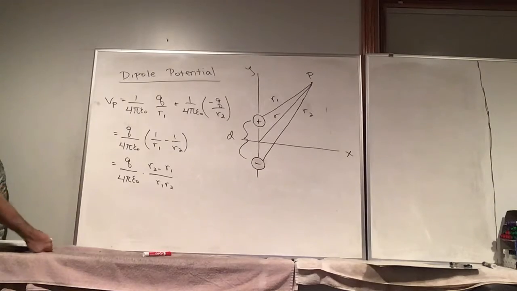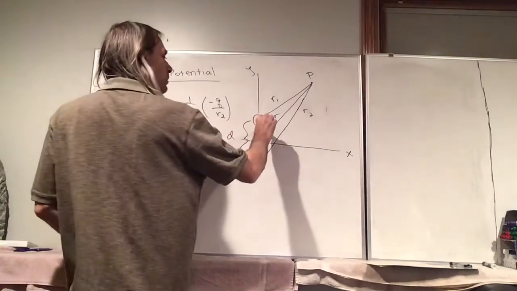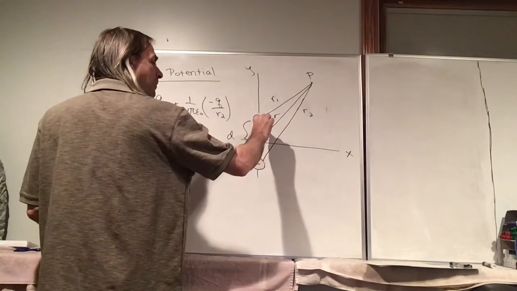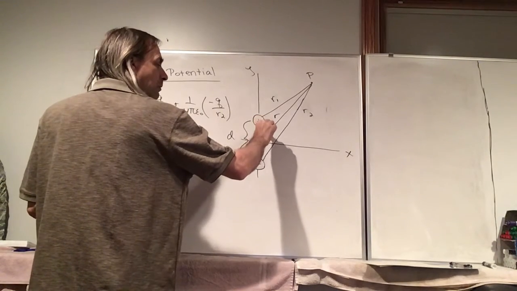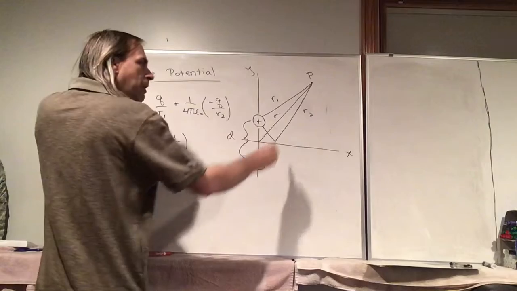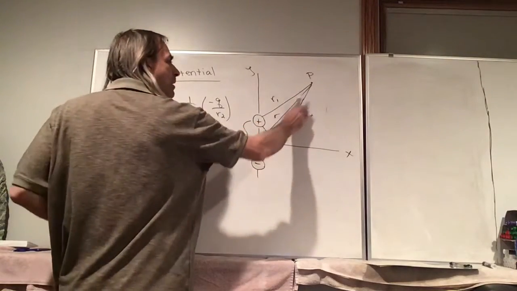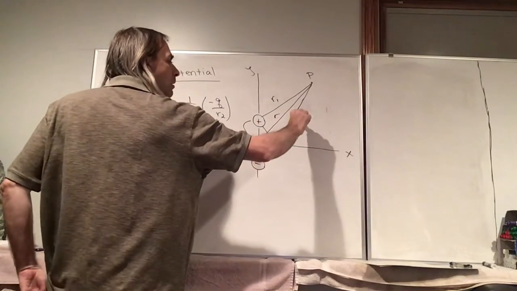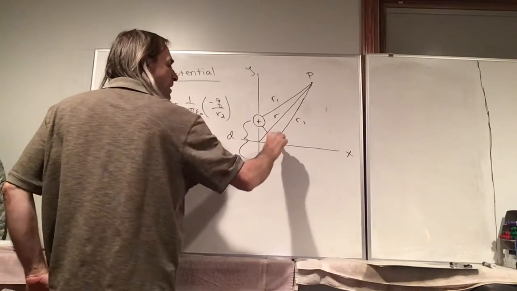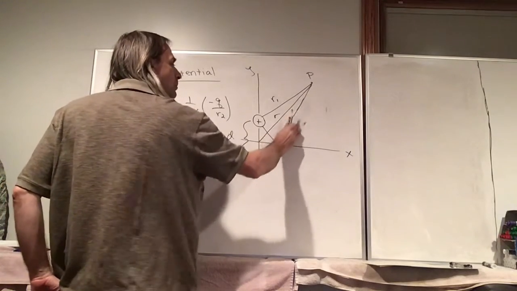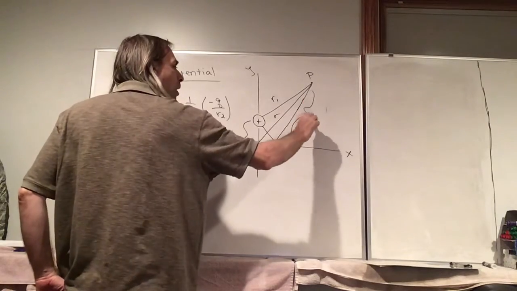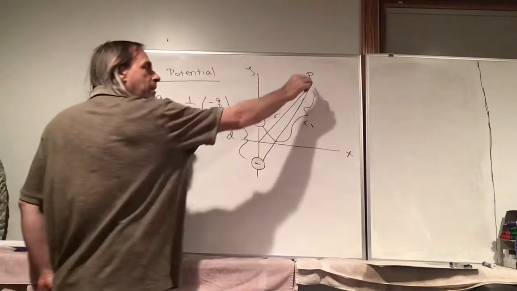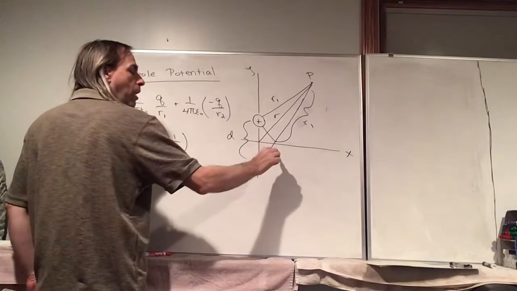So let's mark off this distance here. We're breaking this up. Let's say this distance here is r1, so we mark off this distance from P equal to r1.